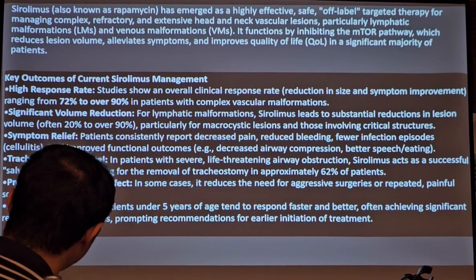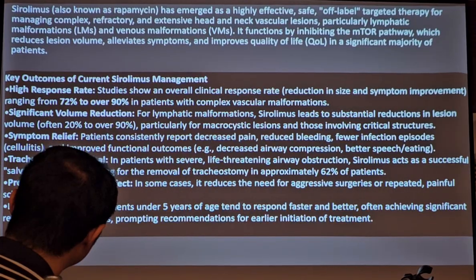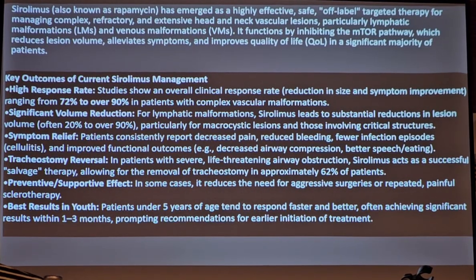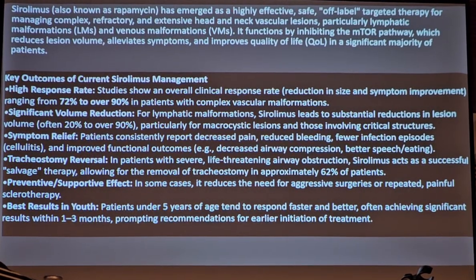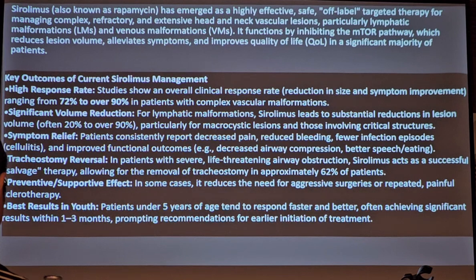So there is a high response rate for slow flow venous malformation, but there are still some things to be careful about. They report that you can treat in a younger patient with no other treatment before, but it is very difficult to find such a group. So usually it is those who do not respond much to other treatment that we start on it. I think we are gathering around 10 cases now.